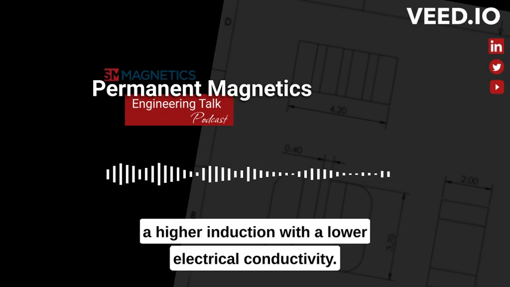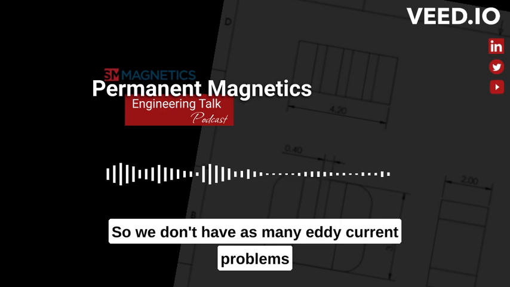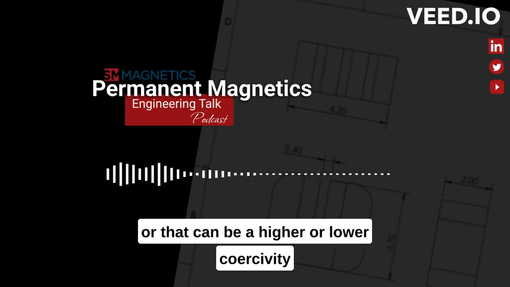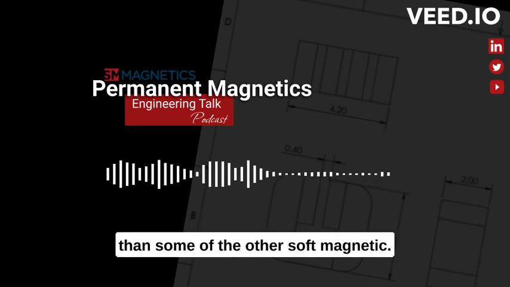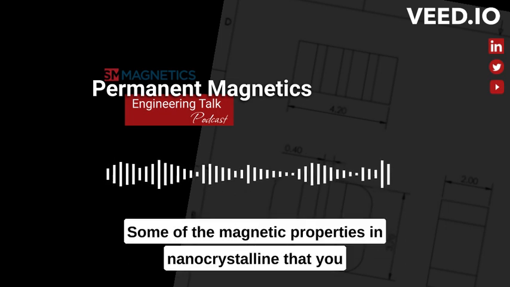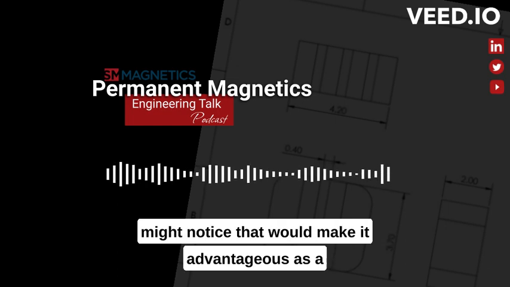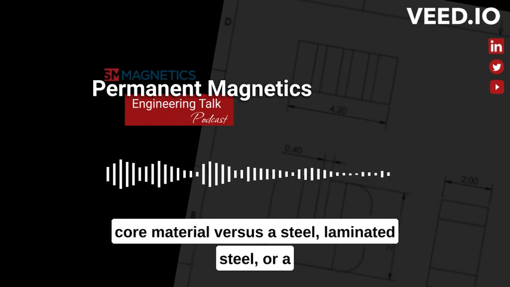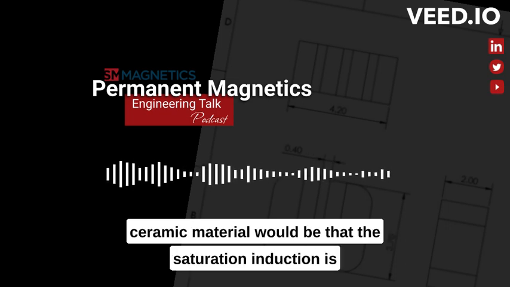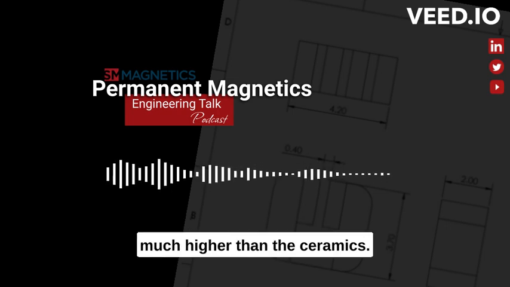That would be a higher induction with a lower electrical conductivity, so we don't have as many eddy current problems, or a higher or lower coercivity than some of the other soft magnetic materials. Some of the magnetic properties of nanocrystalline that would make it advantageous as a core material versus a laminated steel or a ceramic material would be that the saturation induction is much higher than these ceramics.